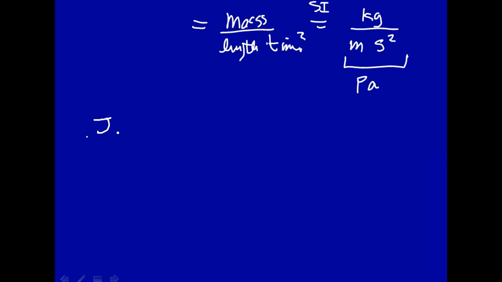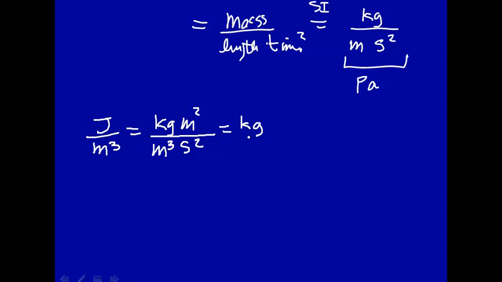But just to show you, a joule per meter cubed, a joule is a kilogram meter per second squared, and we have the meter cubed here. That's just equal to a kilogram per meter second squared. So a joule per meter cubed is the SI unit of pressure, which is Pascal.